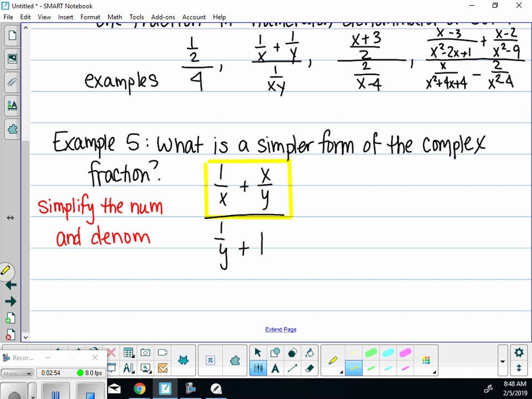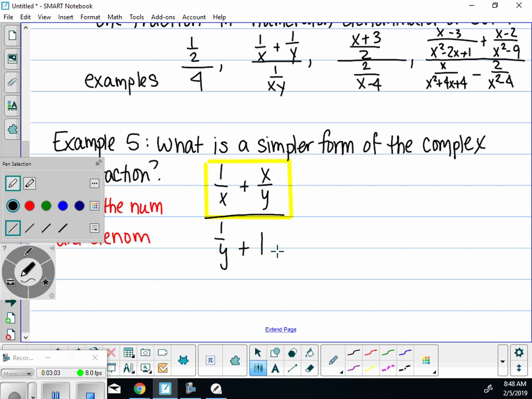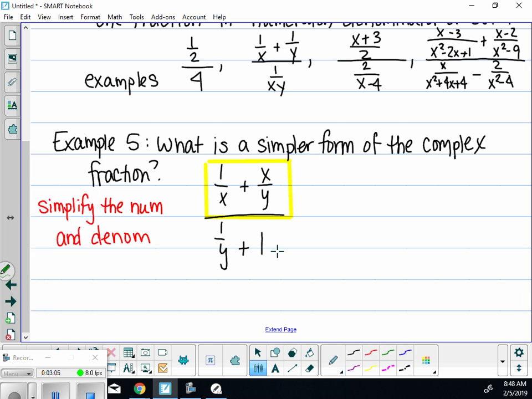Common denominator. Now, we don't have to factor anything, right? We just have an x here and a y here. But we do need to get a common denominator. So this has an x, this has a y. So this is going to need a y, right? And this is going to need an x.